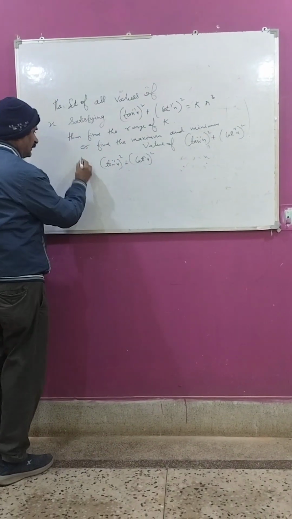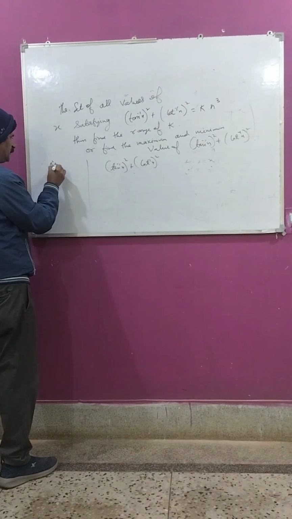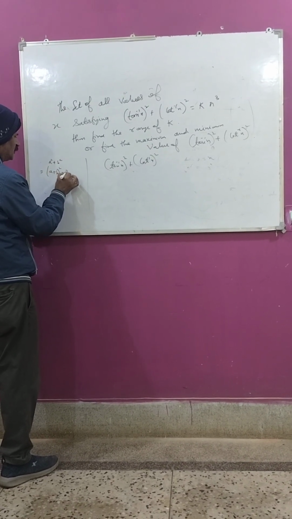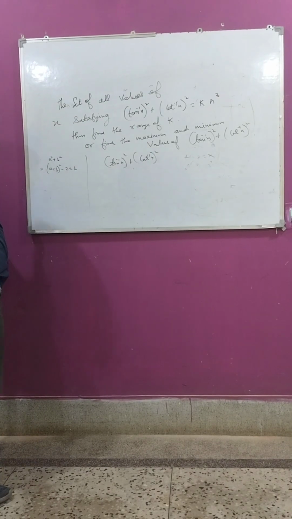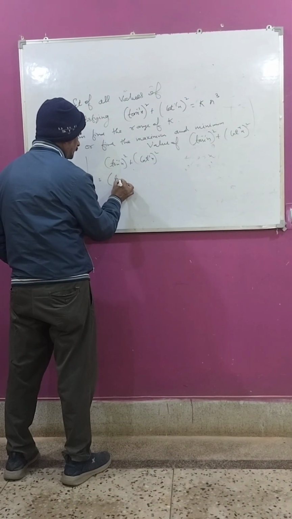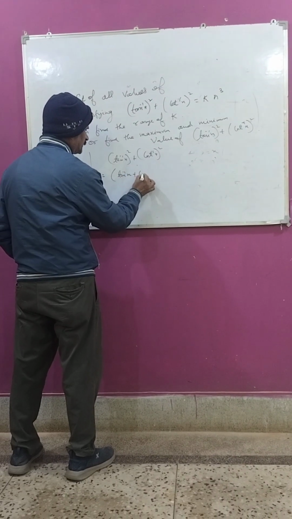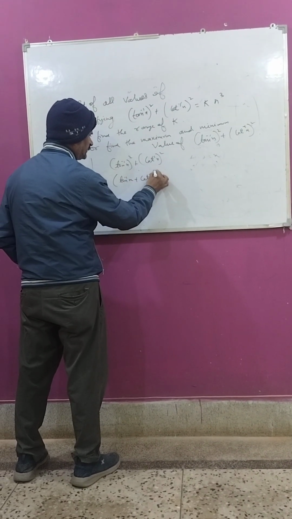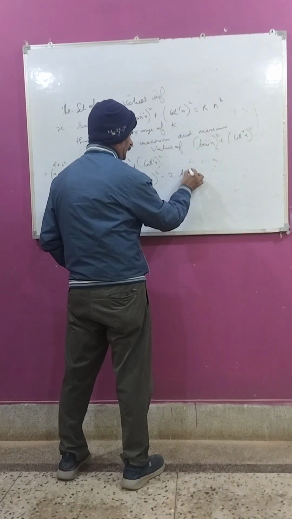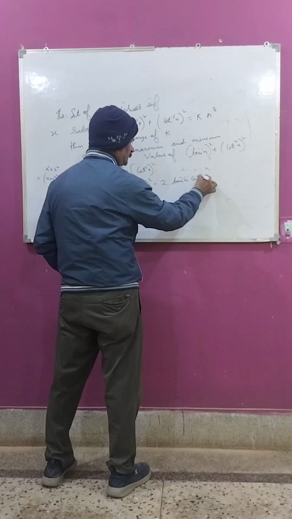Now this is a squared plus b squared. If we are using a squared plus b squared, we can get (a plus b) squared minus 2ab. So now we can write it as (tan inverse x plus cot inverse x) squared minus 2 tan inverse x into cot inverse x.